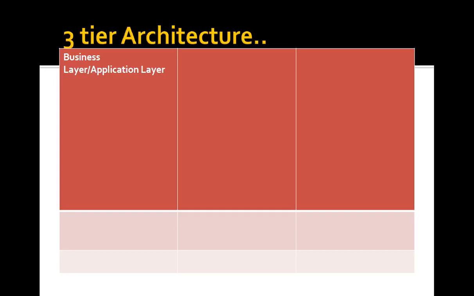In the diagram you are seeing, I did not give the presentation layer, so tier 1 will not be there. What you are seeing is the business layer, tier 2. These two columns, column 1 and column 2, are tier 2, and then you have the data layer, tier 3. So you will be working mostly on tier 2 and tier 3. Tier 1, the presentation layer, I just took out.